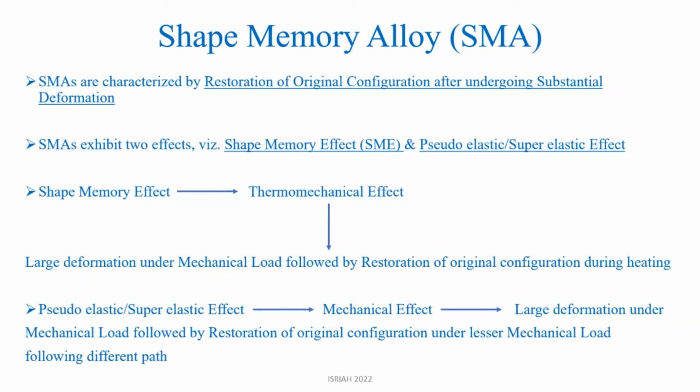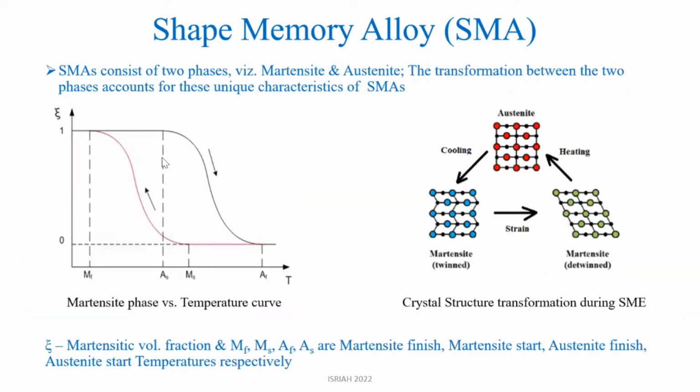When we start withdrawing the mechanical load, the shape memory alloy is found to restore its original configuration at a much lower load, and that causes a hysteresis, that is, a different path. It follows a different path to restore its original configuration. So this is called the pseudo-elastic effect.